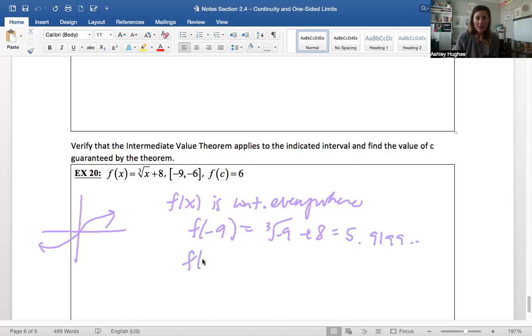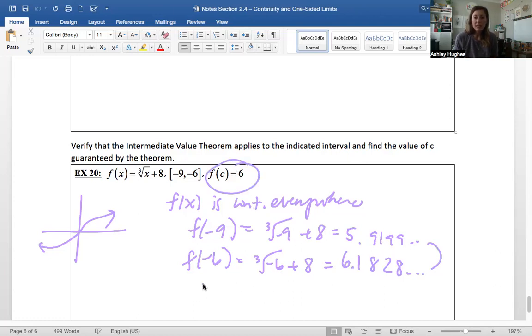Okay, f of -6 is the cube root of -6 plus 8. So -6 raised to the 1/3 power is -1.87 plus 8 gives me 6.18. Okay, is 6 in between these two numbers? Because I'm trying to show that it equals 6. Yes. So therefore, f of x must equal 6 on the interval from -9 to -6 by the IVT.